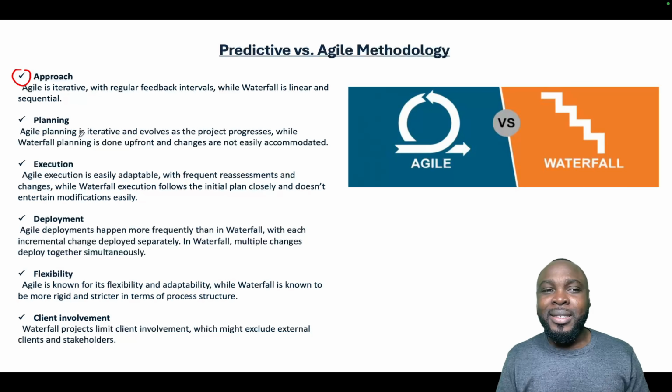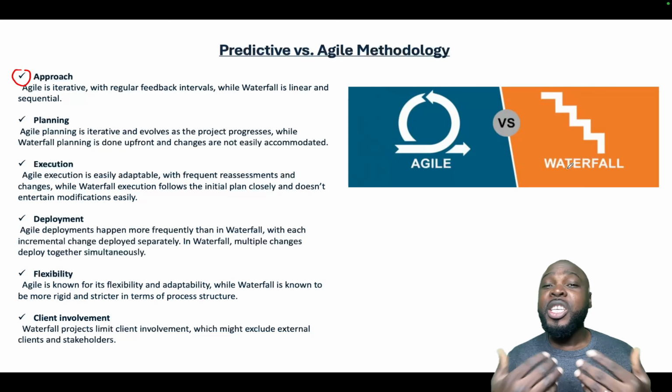So planning: Agile planning is iterative and evolves as the project progresses, while waterfall planning is done upfront and changes are not easily accommodated.